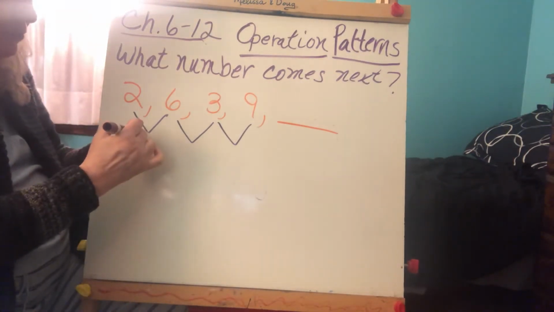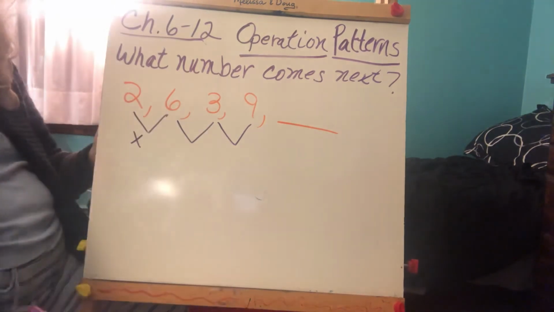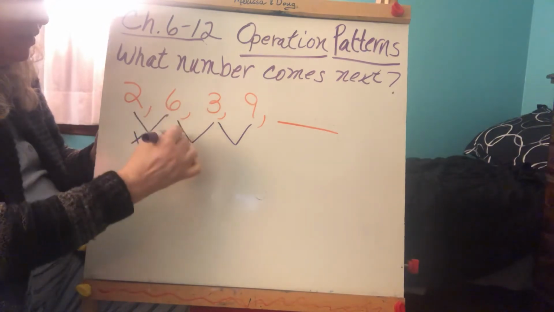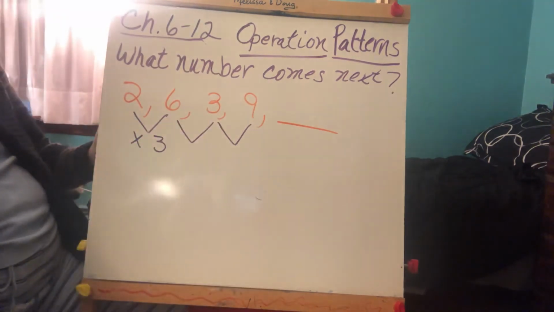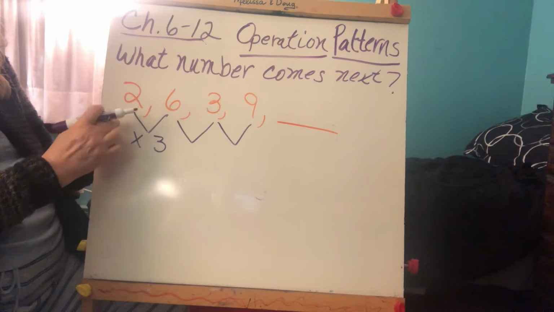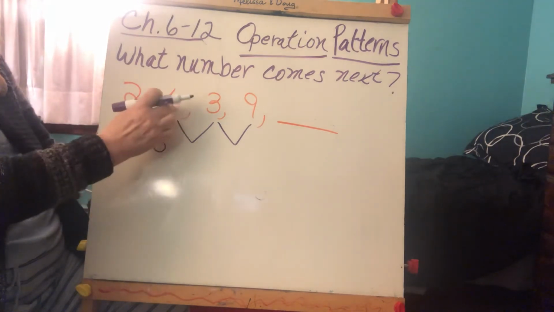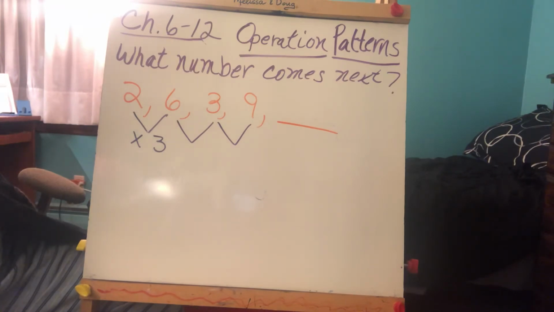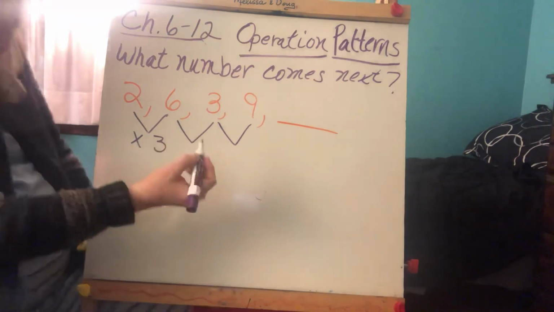So what do I multiply 2 by to get 6? 3. What do I do to 6 to get 3? I minus 3. You could minus 3.